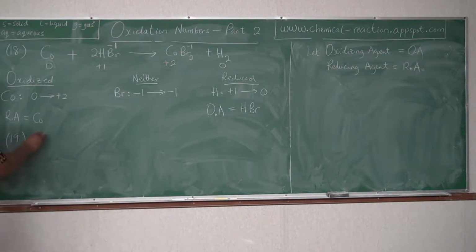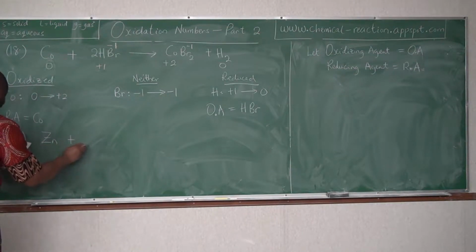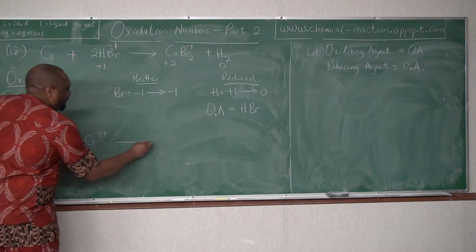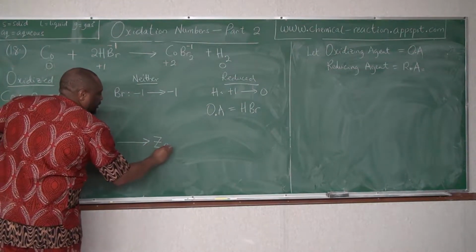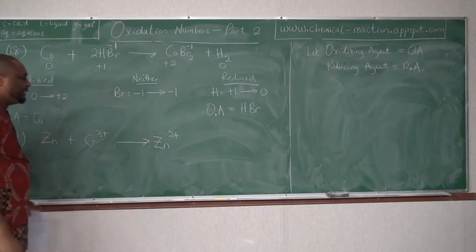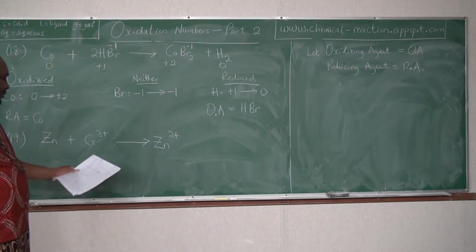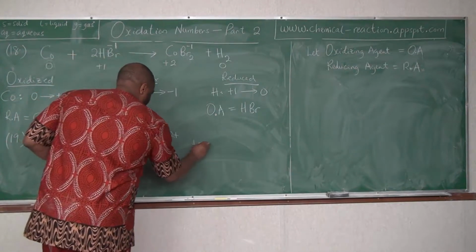We have zinc reacting with chromium 3 ion to give zinc 2 ion, this is a cation, plus chromium.